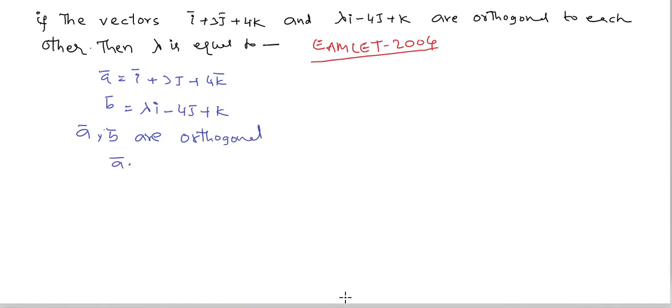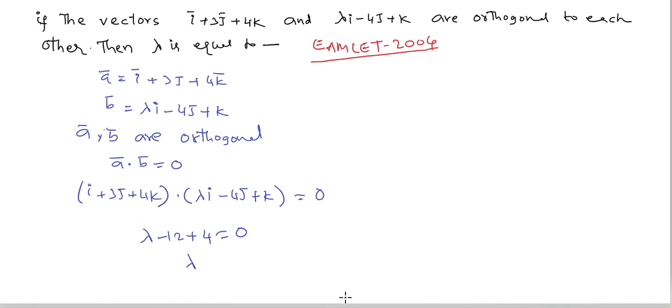That means A bar dot B bar is equal to 0, that is I plus 3J plus 4K dot lambda I minus 4J plus K is equal to 0. Applying dot product, lambda minus 12 plus 4 is equal to 0. Lambda minus 8 is equal to 0, lambda is equal to 8.